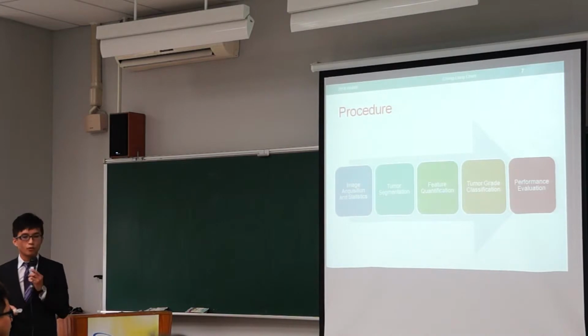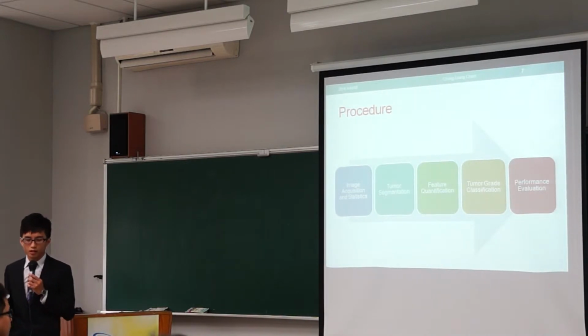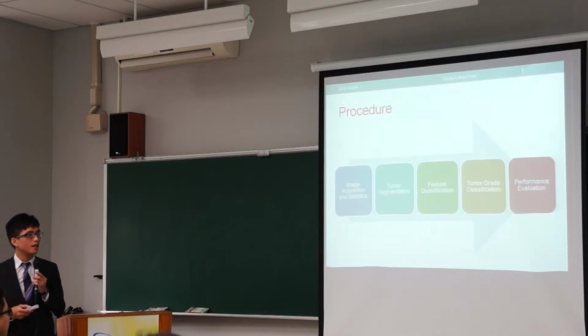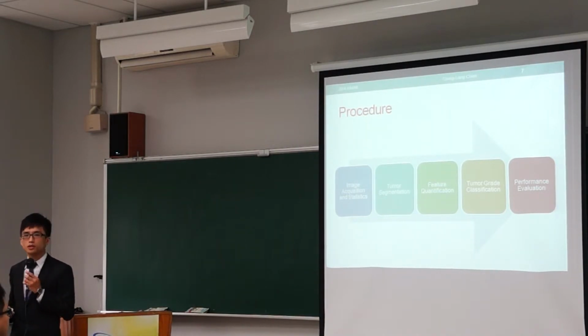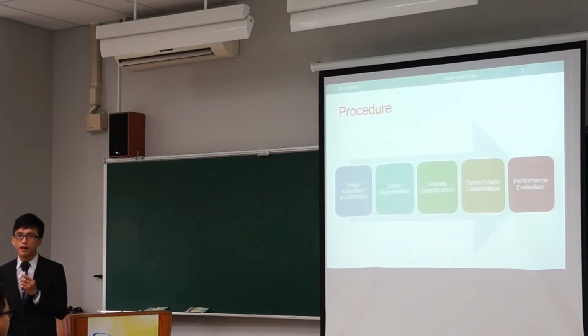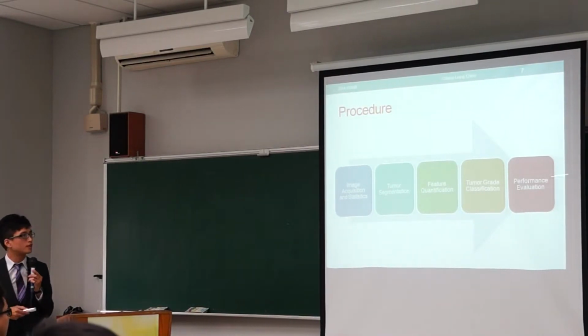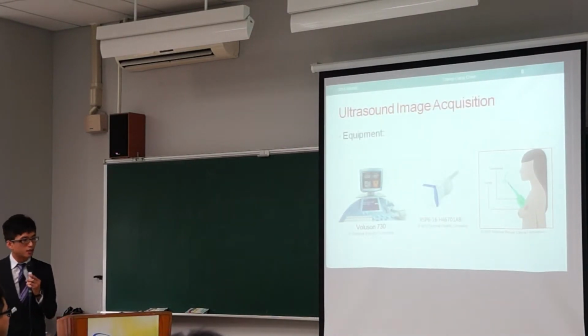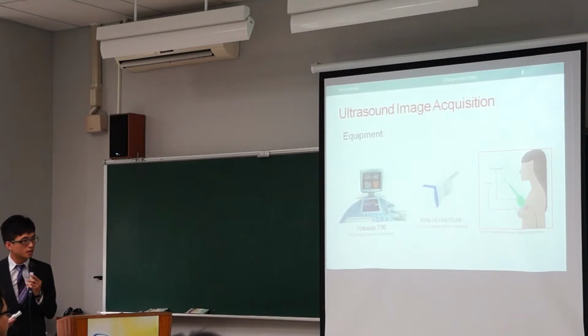And fourth, we use a support vector machine to classify the tumor grade. And finally, we use receiver operating characteristic analysis to evaluate the performance of this system. This slide shows the ultrasound imaging system we use.